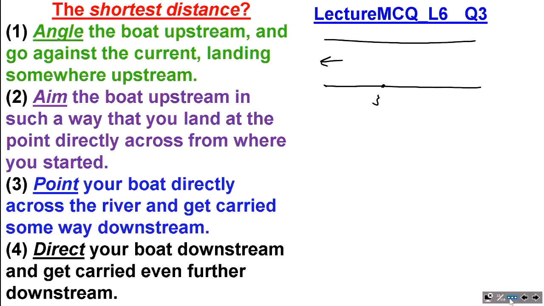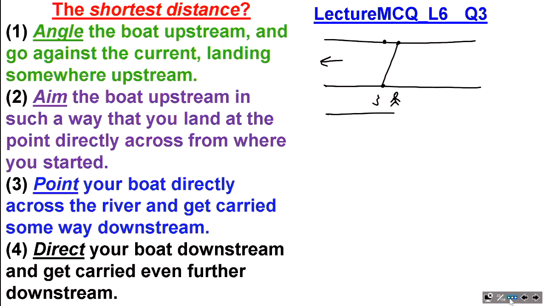Well, in a lake, or without any stream, if you aim your boat straight across, you would land straight across. Upstream means you landed somewhere here. So in this situation, relative to a person watching from the ground, how the boat moves, this would be the displacement.